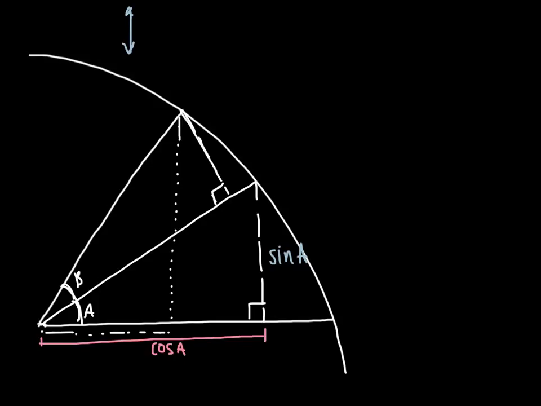This slanty line here, this is the opposite to the angle B. So that is going to be sine B there. And this adjacent, so it doesn't go all the way, it stops at the edge of that right angle there. That's going to be cos of B.